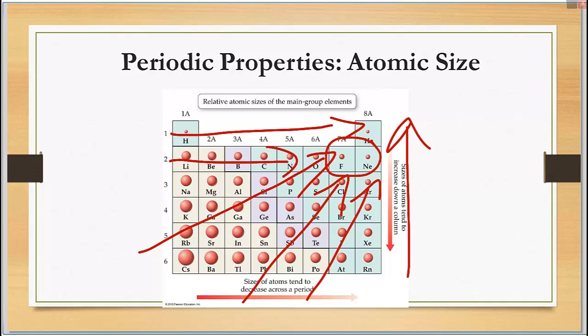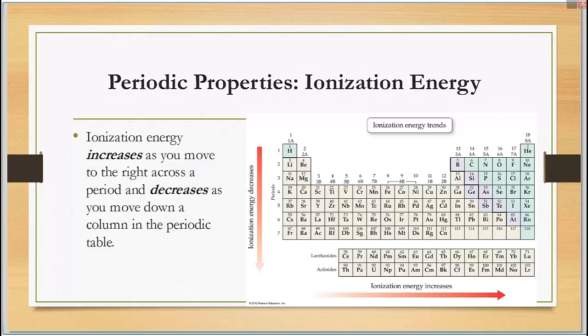So this actually affects things like ionization energy and other factors as well. Ionization energy increases as you move to the right across the periodic table and decreases as you move to the left. The further away the electrons are from the center of the atom, the nucleus, the lower the ionization energy.